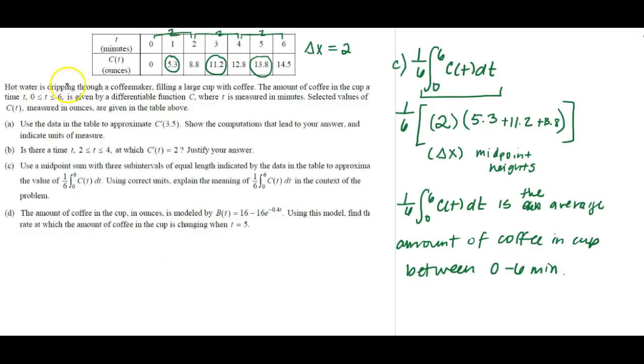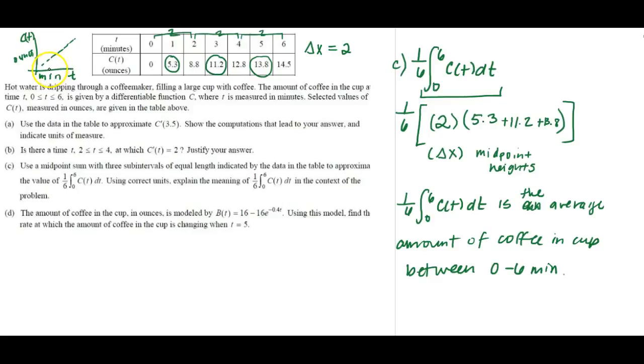And again, where is this coming from? So we'll just do a quick sketch. The input is time in minutes, and the output, c of t, is in ounces, and we're finding that area, if you remember. The actual graph looks to be maybe increasing, but that doesn't matter.